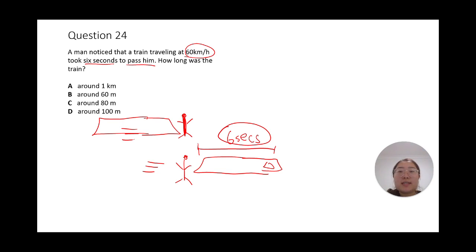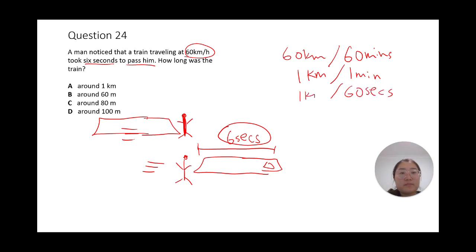So 6 seconds, we need to change the hours into seconds, okay? So we have 60 kilometers per hour, which is 60 minutes. That means that per minute, it traveled 1 km. We don't want minute, we want seconds here. So what is 1 minute? It's 60 seconds, isn't it? We want to get to 6 seconds.